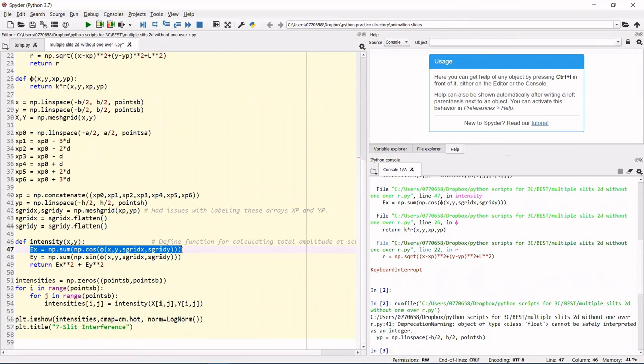But to summarize, just think of it this way. I'm taking the sum of all the horizontal projections of the phasors from each slit, and then I'm taking the sum of all of the vertical projections of each phasor from each slit. Now, when you sum that up, just think about the diagram with all those red projections.